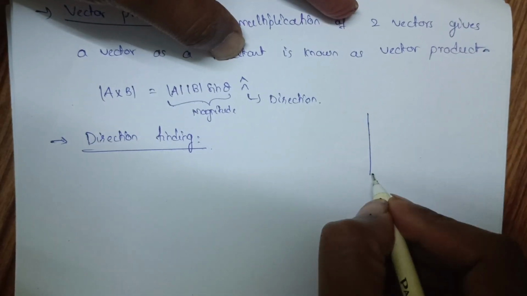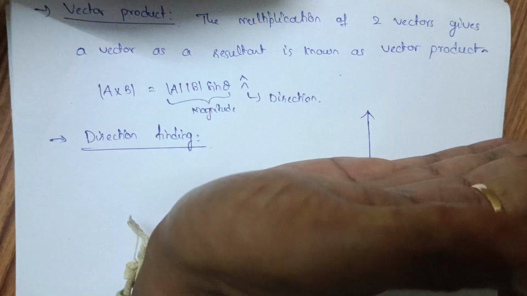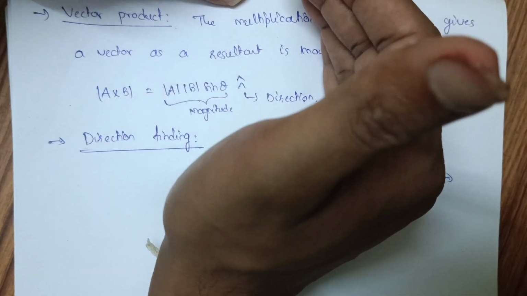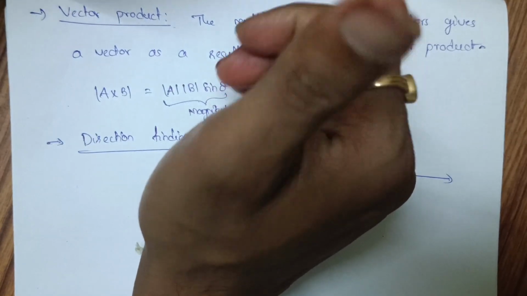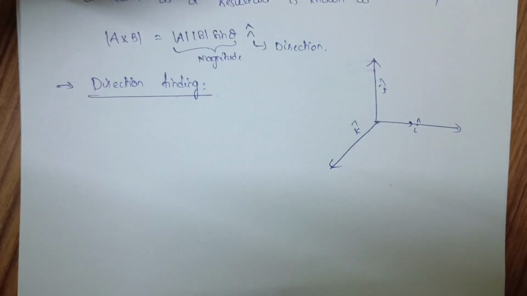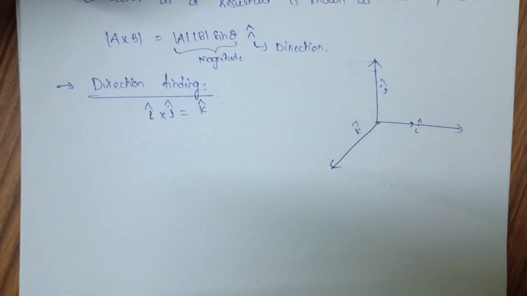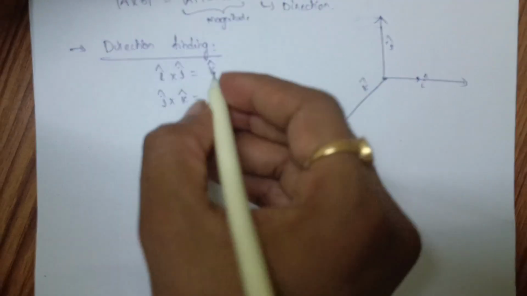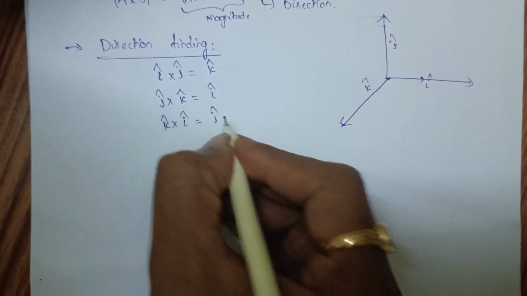By using our right hand curl rule, suppose my palm is rotating from x-axis to y-axis, the thumb direction represents the resultant direction. That means i, j, k. If I cross from i to j, this represents k. Similarly, from j to k, this gives i. Similarly, k to i, this represents j.